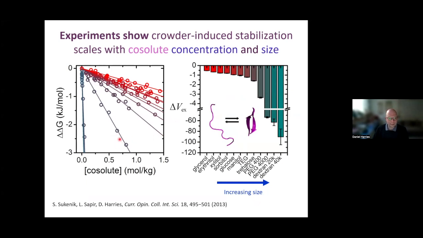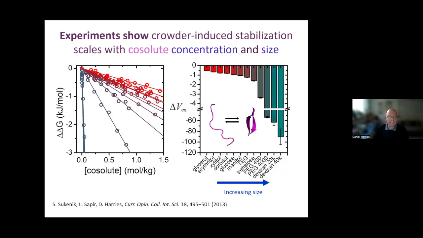So in this case, we're looking at this small mini protein folding and unfolding from a beta hairpin. And this is done in the presence of many, many solutes going from small, in this case, glycerol, to large, in this case, dextran 40K.